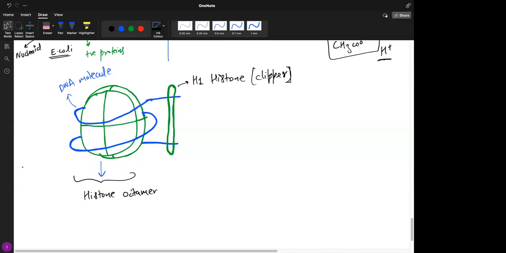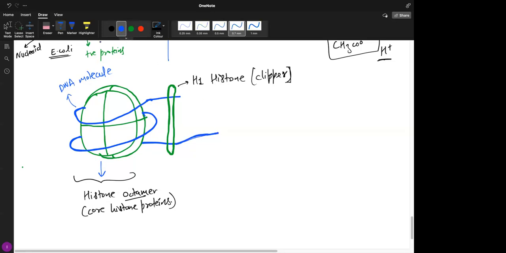Yes. So the DNA molecule wraps around the histone octamer, which is also in some books written as core histone proteins. So you can write it down as core histone proteins. They are actually 8. And then 1 is the clipper. And it continues to happen again. So this goes further. Let me draw this.